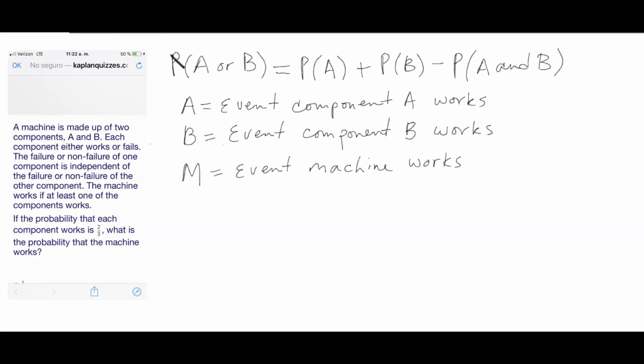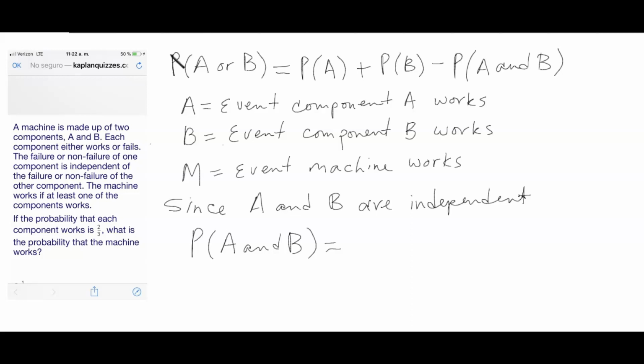So in probability and statistics, when you're talking about independent events, that means that since A and B are independent, we know that the probability of A and B is always going to be equal to the probability of A times the probability of B. Okay?